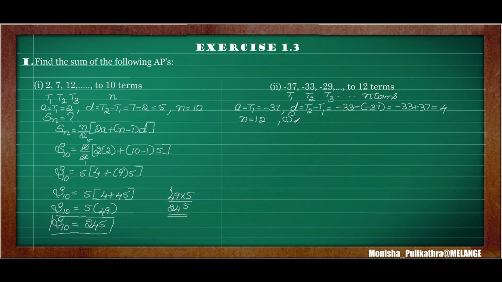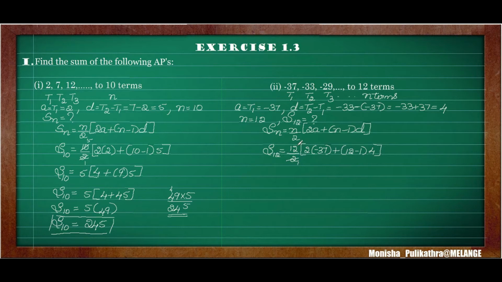We need to find out SN or S12. First we need to apply the SN formula. SN is equal to N by 2 into 2A plus N minus 1 into D. So here we need to find out S12. S12 is equal to 12 by 2, 2 into A is minus 37, plus N is 12 minus 1 into D is 4.